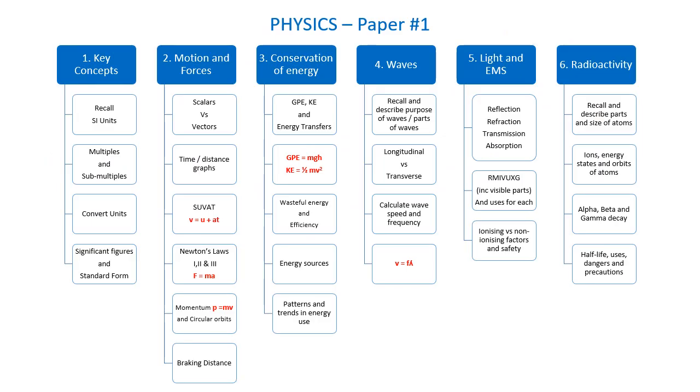Right, so this all came out to you guys earlier, about 5 or 6 weeks ago. Have a look on Show My Homework if you can't find it. I put all 3 subjects up there, so biology, chemistry and physics, and paper 1 and paper 2. But I'm just going to concentrate on what you're going to be focusing on in 2 weeks' time. So we are going to sit the equivalent of paper 1. It will be multiple choice.